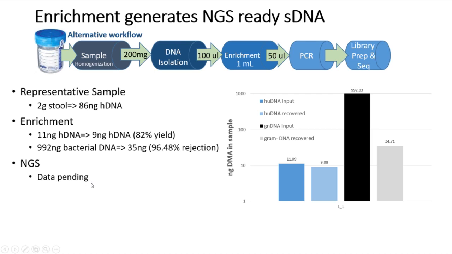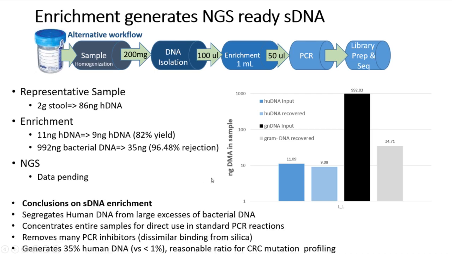We don't have published NGS data yet, but we do have some good conclusions. Notably, that it is possible to segregate human DNA from a large excess of bacterial DNA. This can be done in the presence of a very complex and difficult to work with matrix in this case. And we can concentrate a very large sample for direct use in PCR. And we remove a lot of the PCR inhibitors.